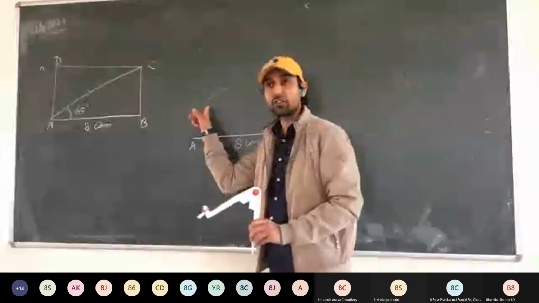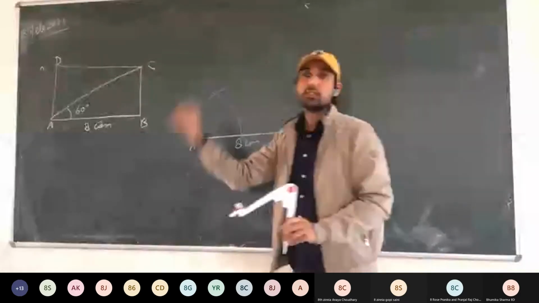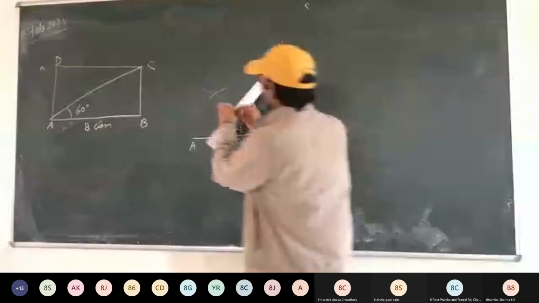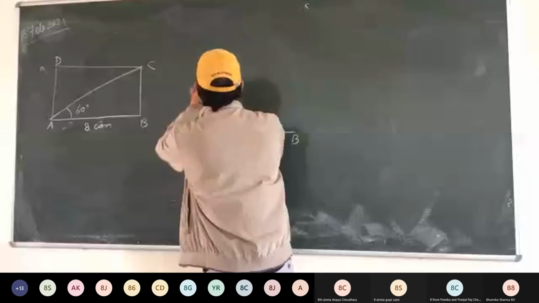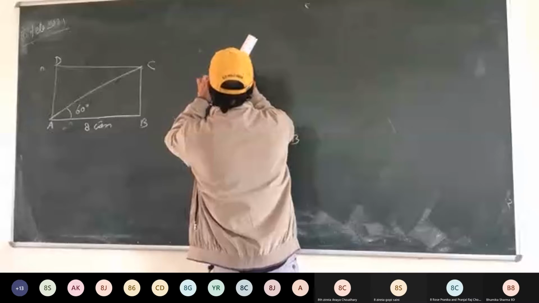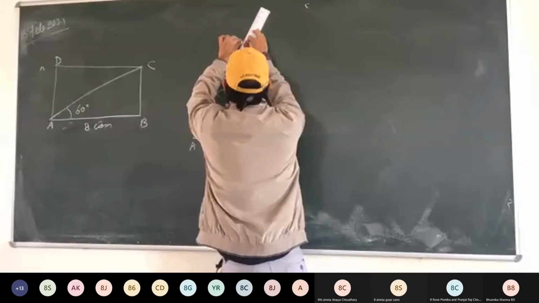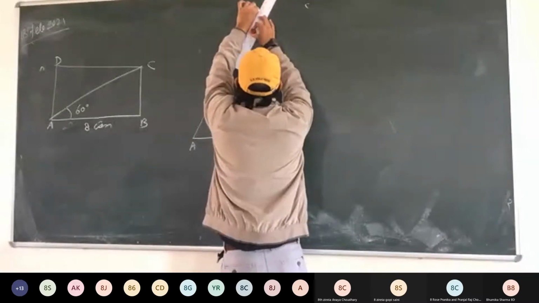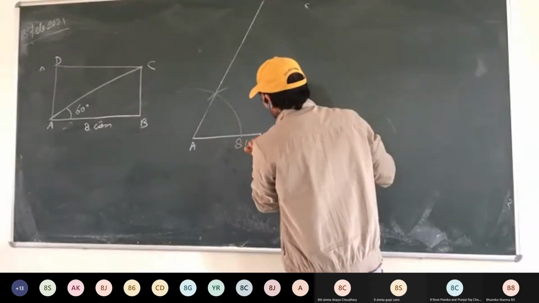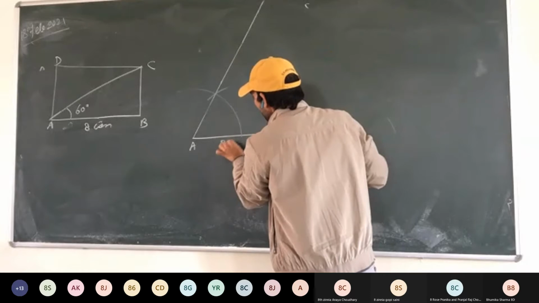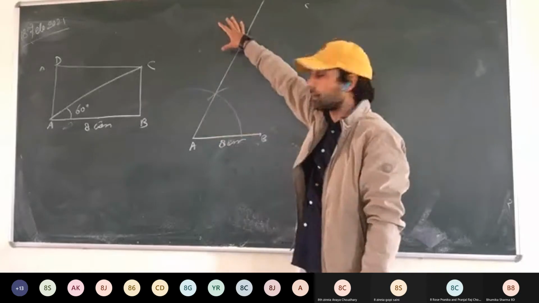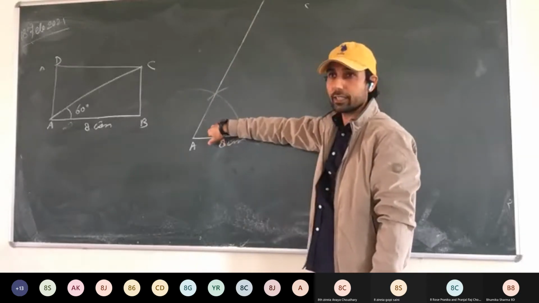So first we have drawn an angle of 60 degrees. Let B be somewhere here, 8 centimeters. Leave a good amount of space because the angle is going to be 60 degrees here.